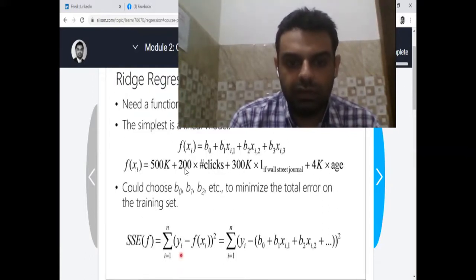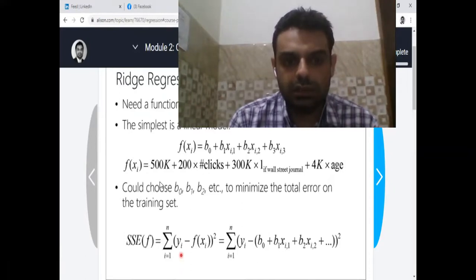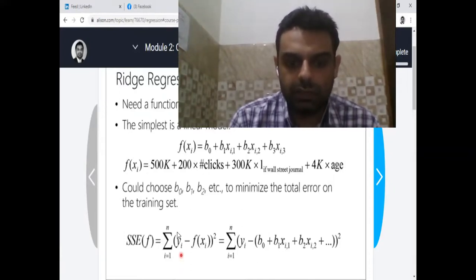We can have weighted coefficients multiplied by the x values. The procedure is still the same. We have to minimize the squared error y minus f(x). We can replace f(x) by this equation and it comes like this. These are the coefficients that we have to minimize.